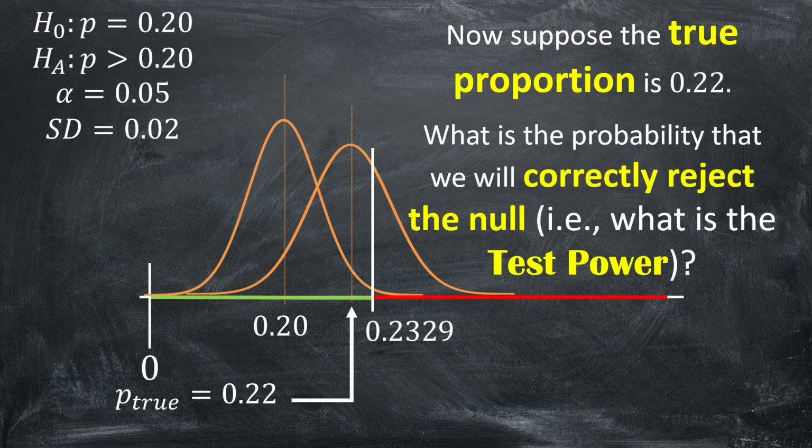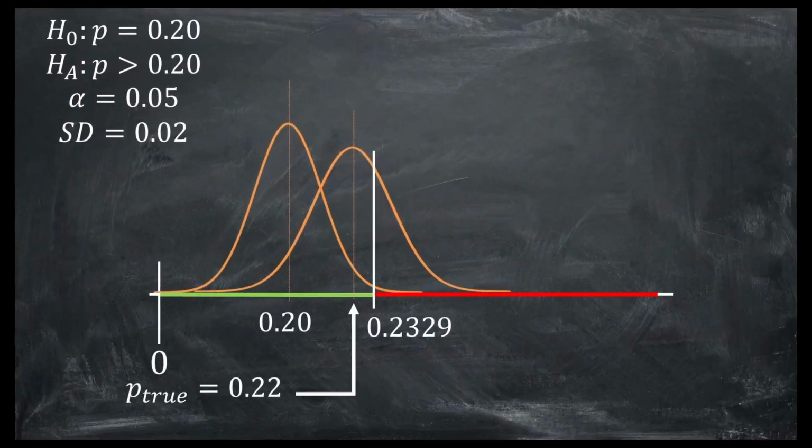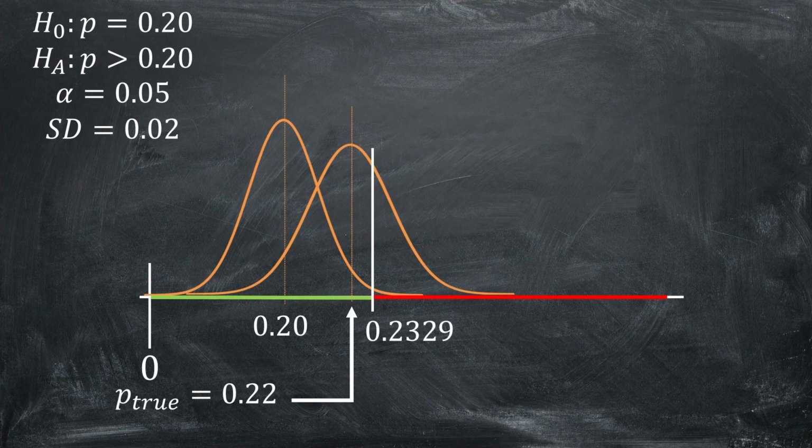Now here's the question. In this scenario, what is the probability that we will correctly reject the null hypothesis? In other words, what is the power of the test? Well, we're going to reject the null hypothesis if p hat is to the right of our boundary, which is 0.2329. In other words, we're going to reject the null if p hat is in the red zone.